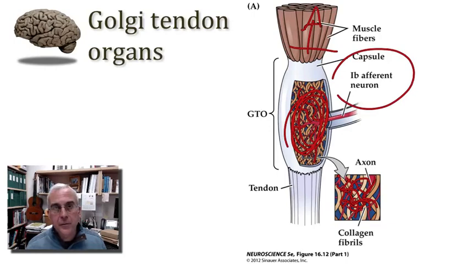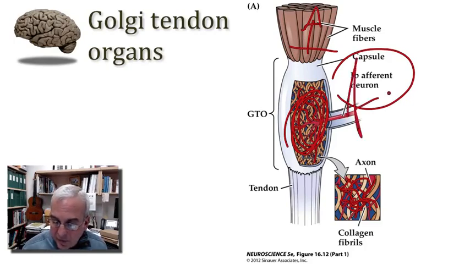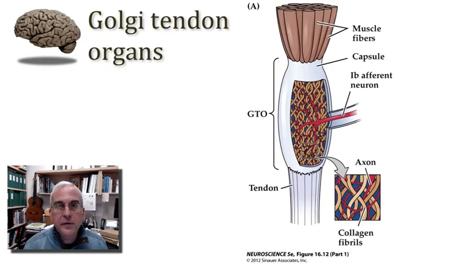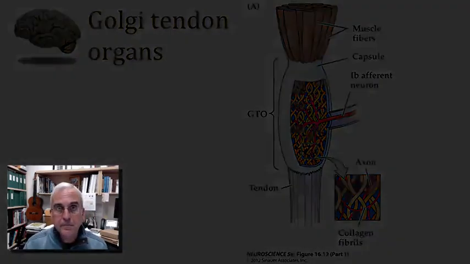And that deformation opens stretch-sensitive ion channels that result in the influx of cations and the generation of potentials that, if greater than threshold, can lead to an action potential that then propagates into the central nervous system. Now let's look into the spinal cord and see the circuitry that we find that receives this incoming sensory information.